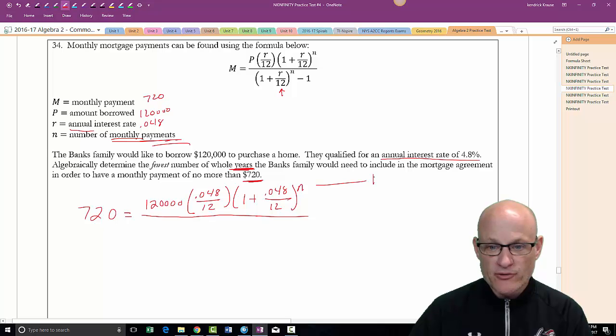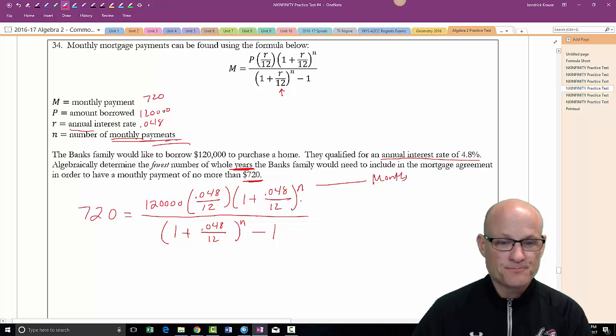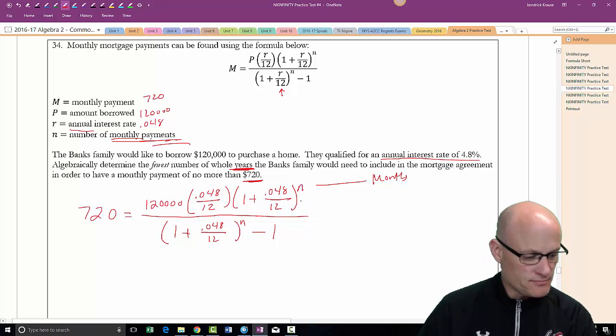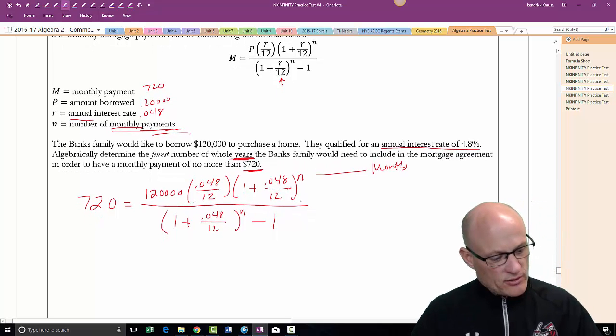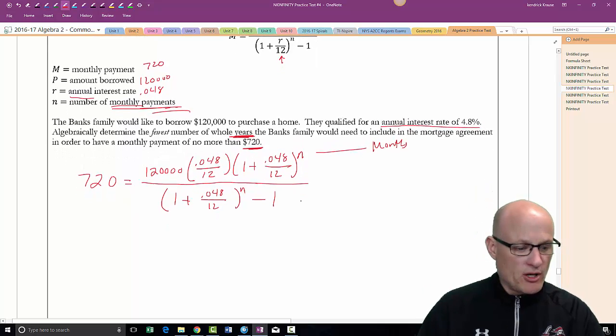Remember, this is number of months. All over 1 plus 0.048 over 12 to the n minus 1. Man, that looks like a behemoth problem to solve.